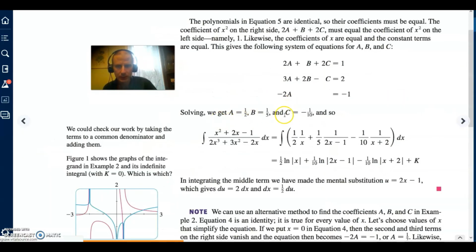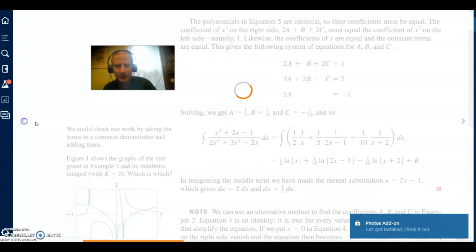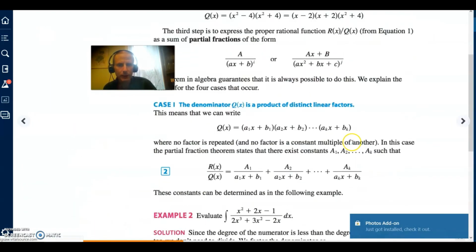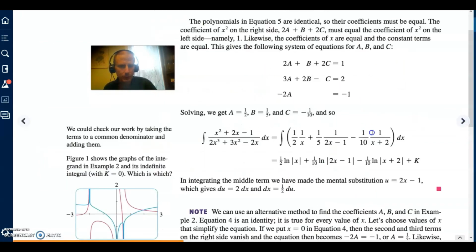So since B is 1/5, the explicit decomposition has 1/5 times 1/(2x minus 1). C was the coefficient of 1/(x plus 2). And since C is minus 1/10, we wind up with minus 1/10 times 1/(x plus 2) as part of the explicit decomposition.